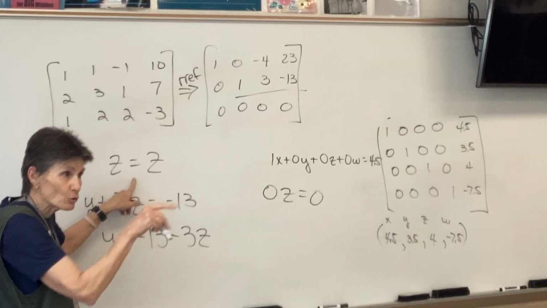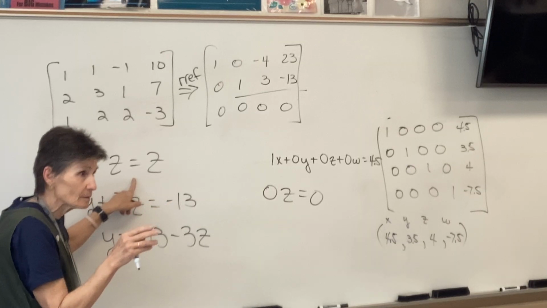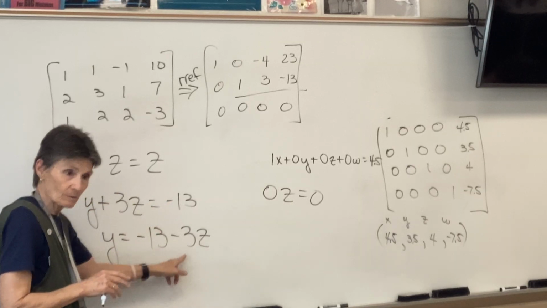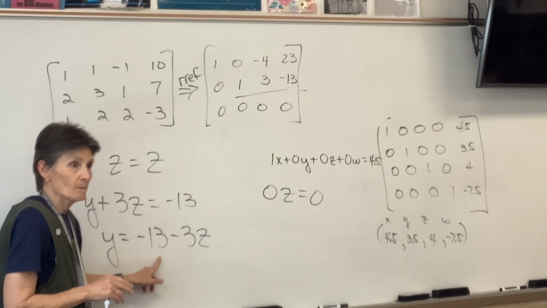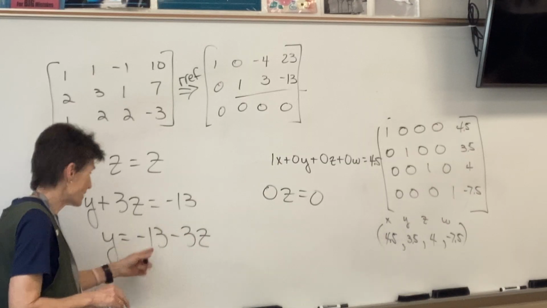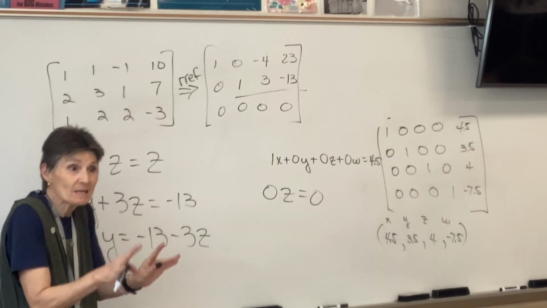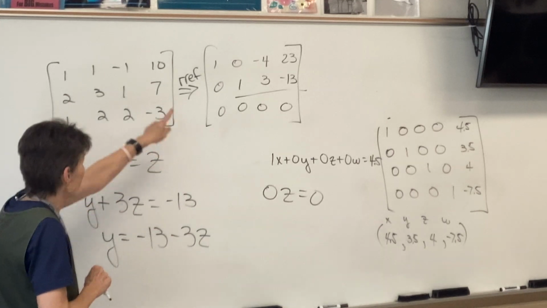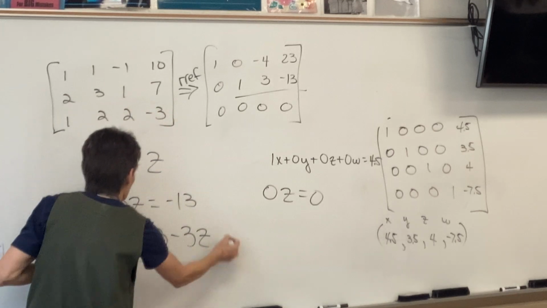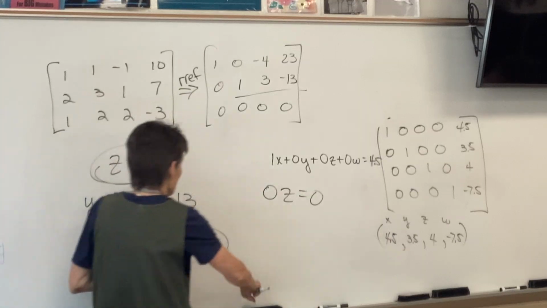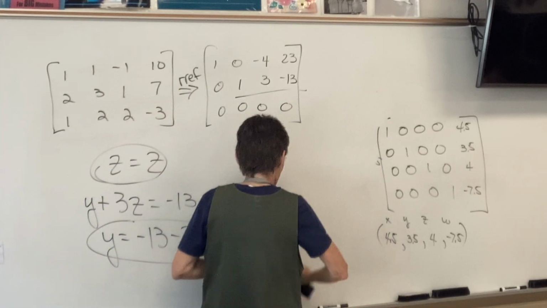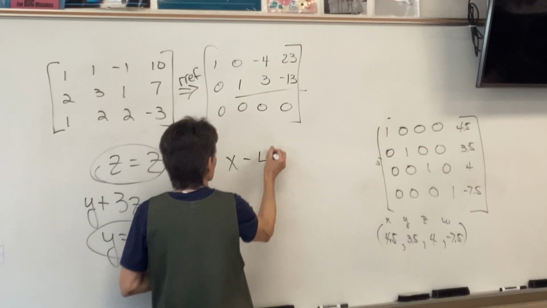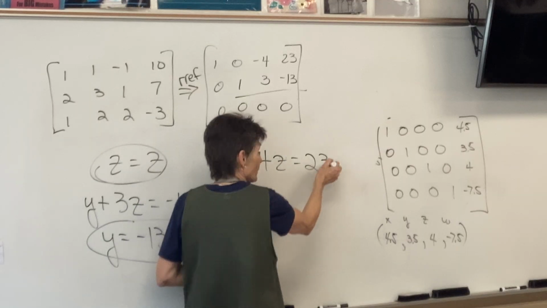Now, if you told me z is 5, then I could figure this out. If z is 4, then this would be something else. There are infinitely many answers to this question. All right, let's look at the top equation. It says x minus 4z is 23.